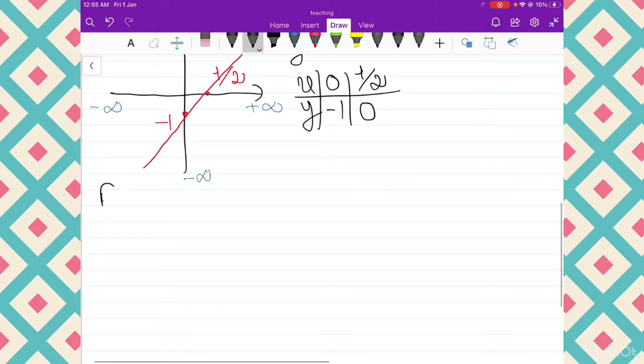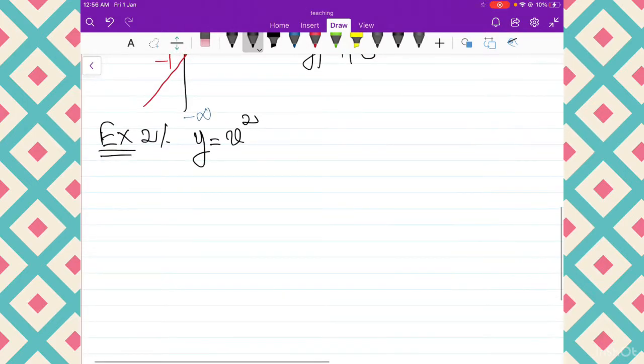Okay, so I will give you another example. y equal to x squared. This is the parabola shape.